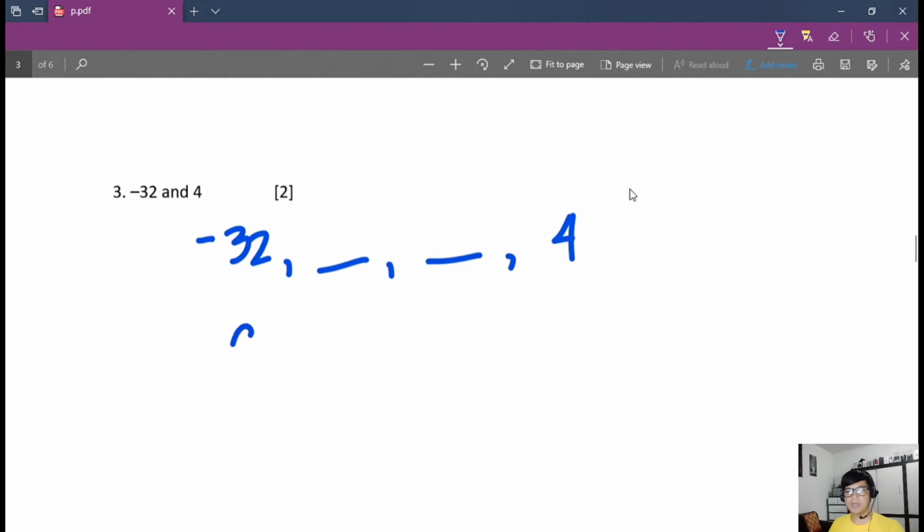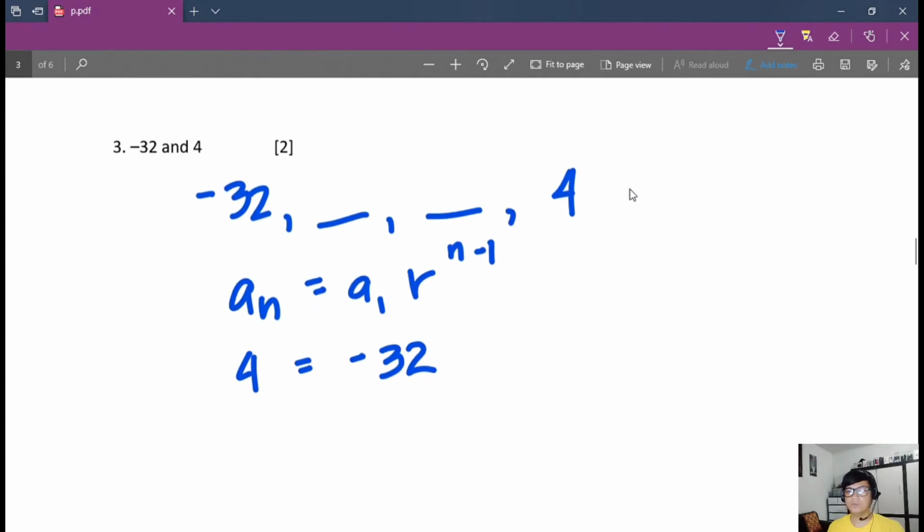So a sub n is equal to a sub 1 times r to the n minus 1. 4 is equal to negative 32 times r, what is our n?